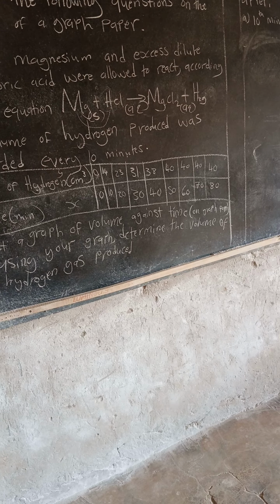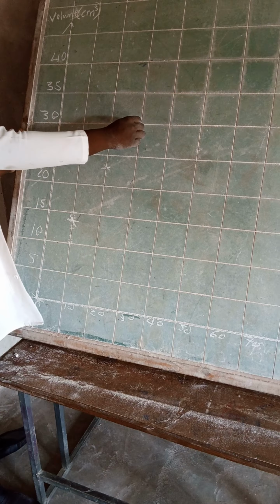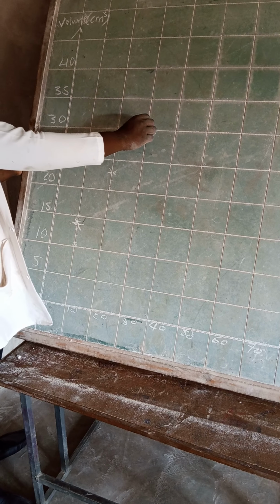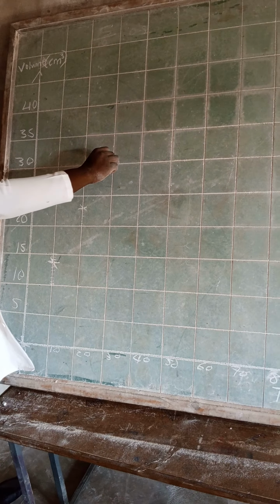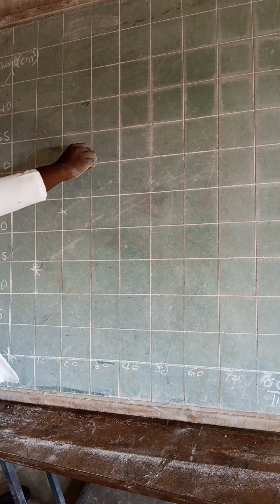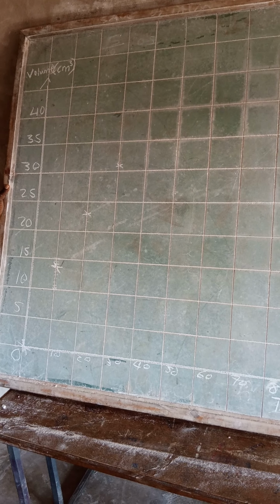Let's go to the next point. 30, what? 31. So 30 is here. You come here on 30. Are we together? So just after one box, it will be 31, because this is 30.5, then 31. You plot like that.